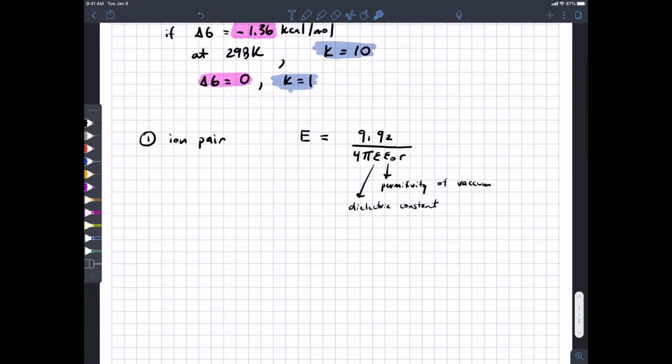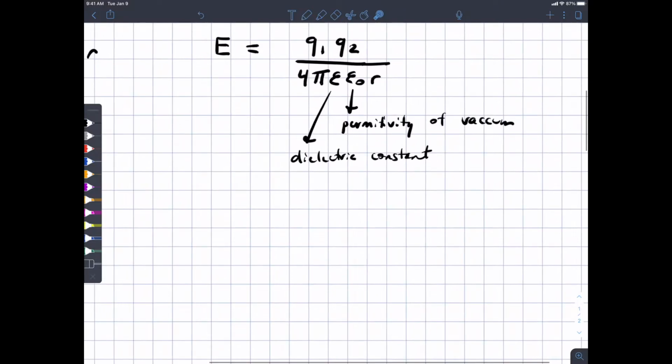So I thought I'd give you a few values so you can see how they vary. The very nonpolar solvent N-hexane has a dielectric constant of 2, meaning it's 2 times as responsive to an electric field as a vacuum is, but still not a huge amount.